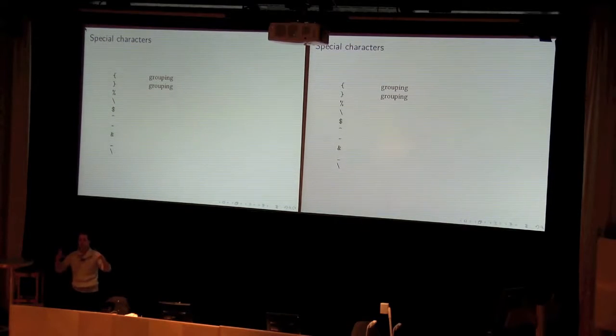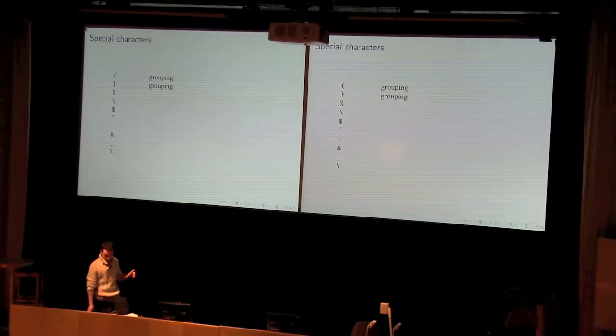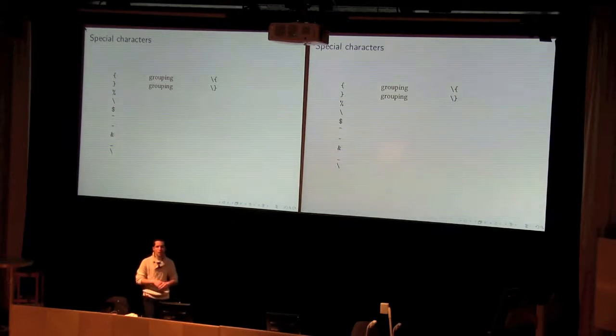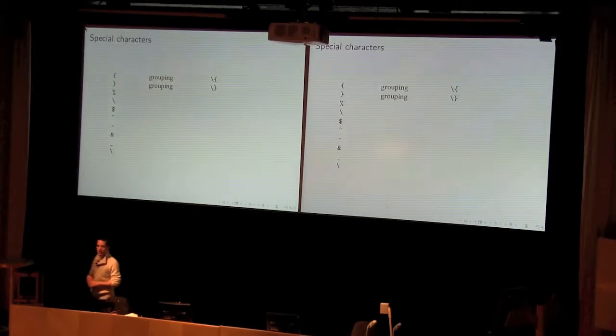They were used to group arguments, as you've seen before. So if you want to enter a curly brace in your text, you should tell LaTeX that this is not a curly brace of the language, but a real curly brace. So you just escape it. This is something you might know from shell scripting and things like that.